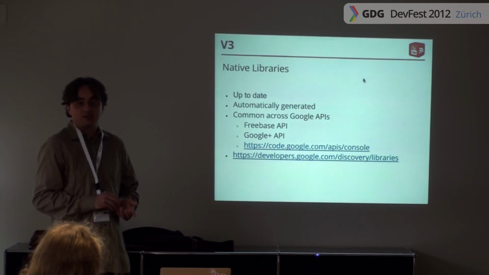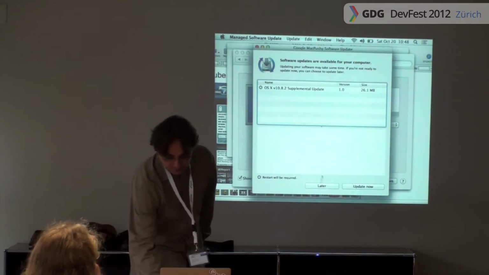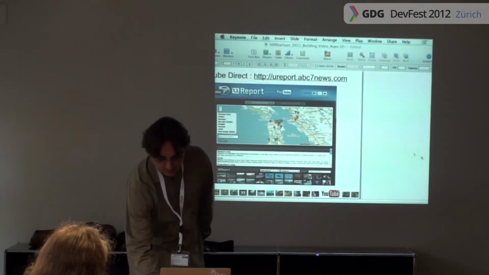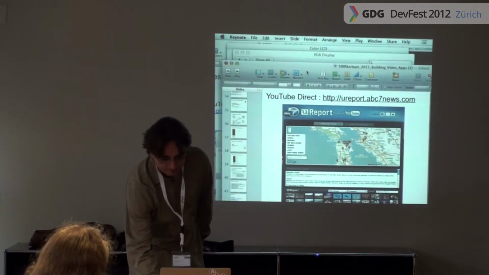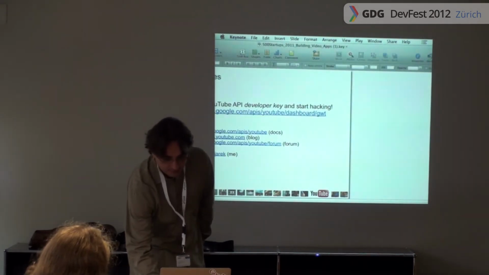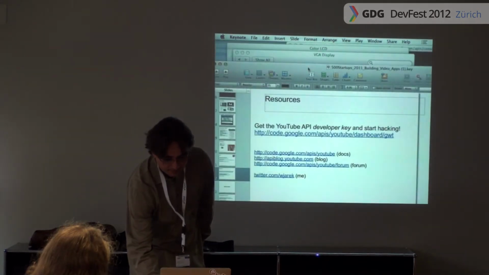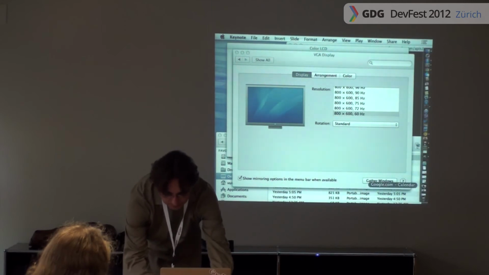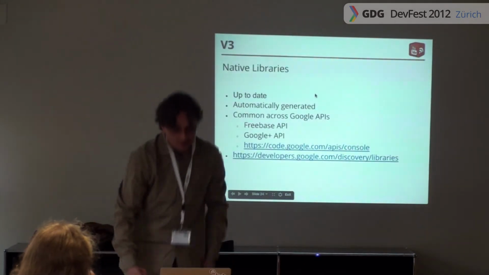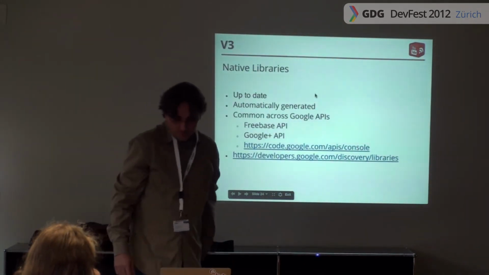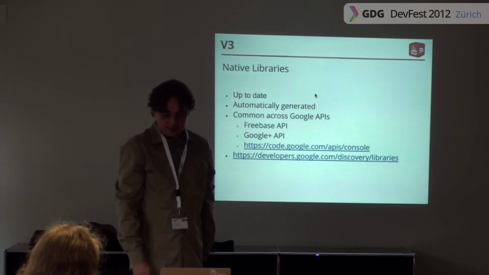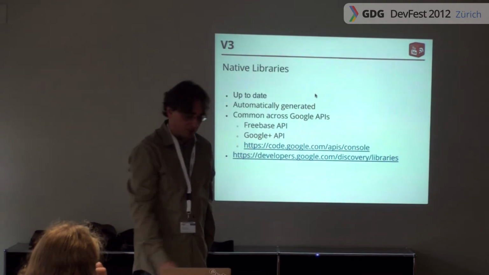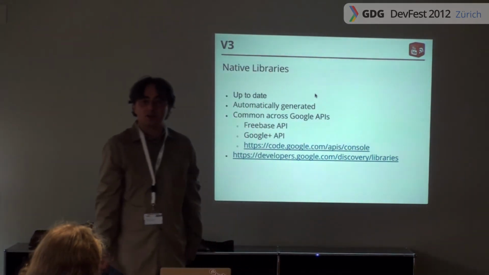In the previous YouTube API, we had an issue that the native libraries were not always up to date, especially for some languages, because we needed to manually handcraft them.